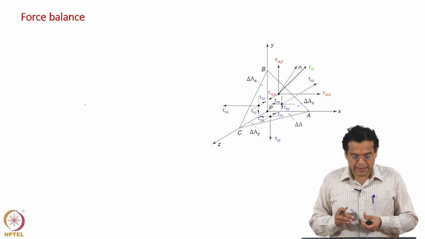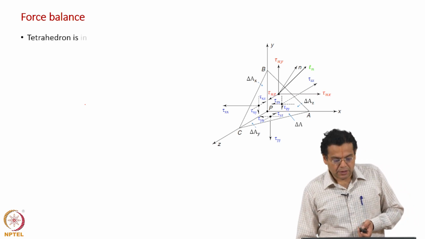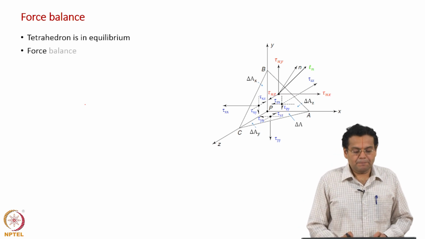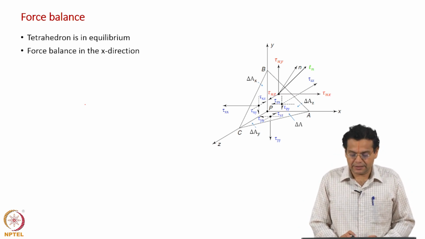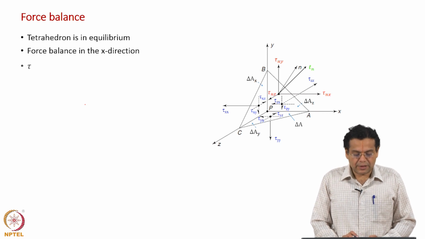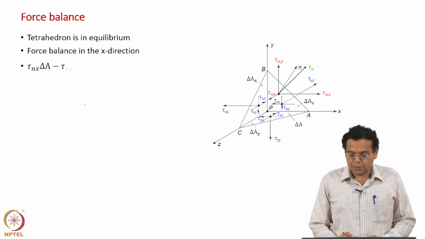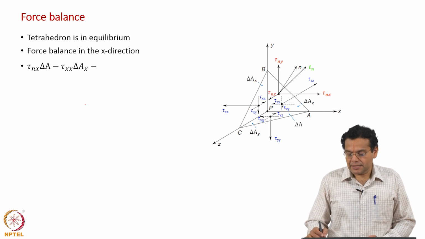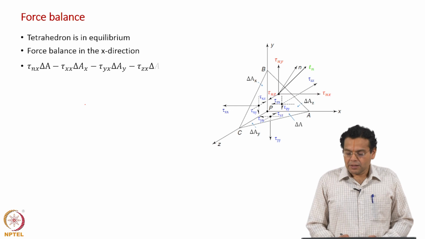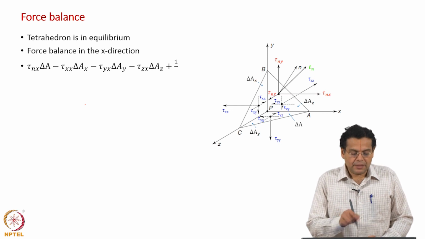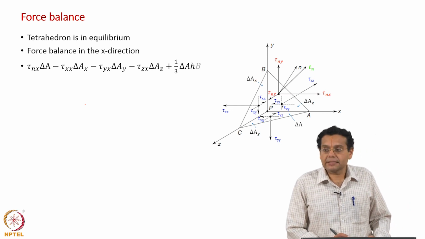So, we do a force balance, first along the x direction, then analogously we can write for other directions. Okay. Now, when you write a force balance, you multiply the stress values with the area on which it acts. Okay. So, we are writing a force balance in the x direction.